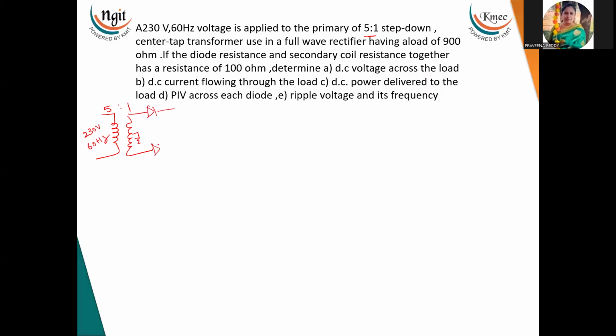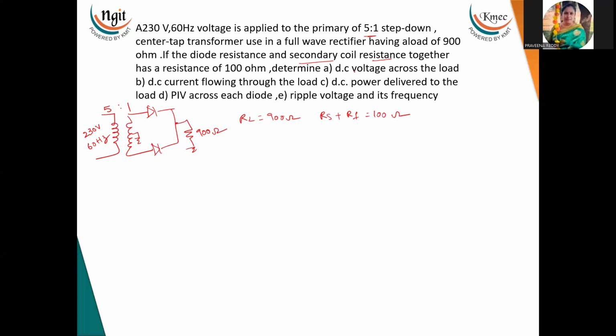So these are the two diodes. And load resistance is 900 ohms. And the secondary and diode forward resistance, both together, is 100 ohms. So RL is equal to 900, RS plus RF is equal to 100 ohms.